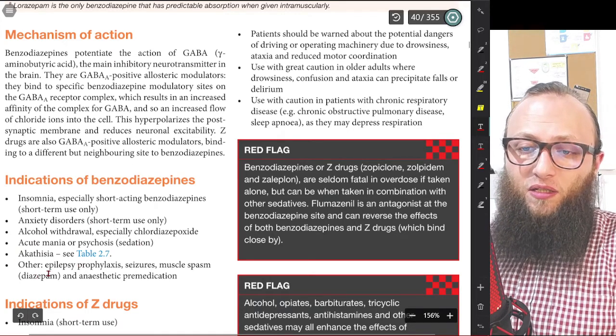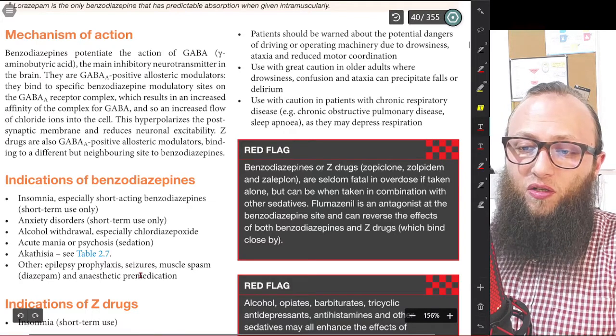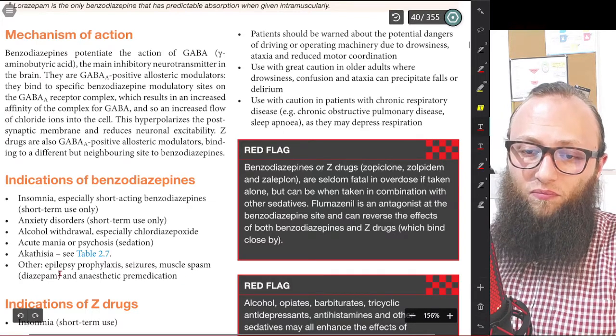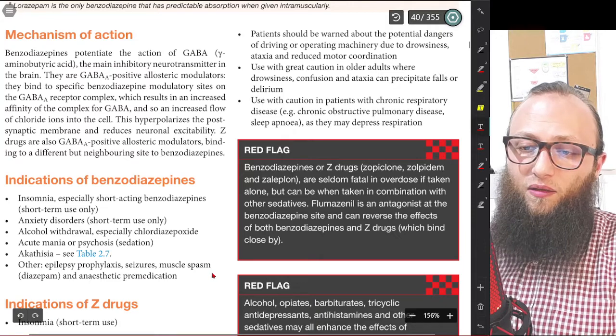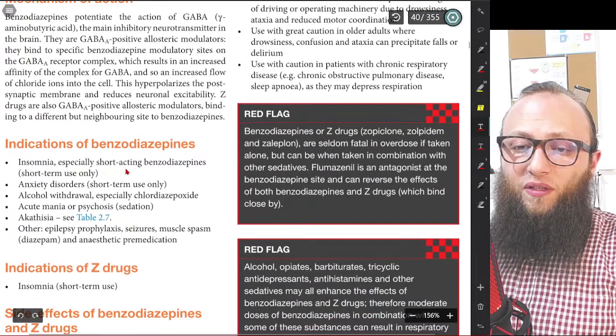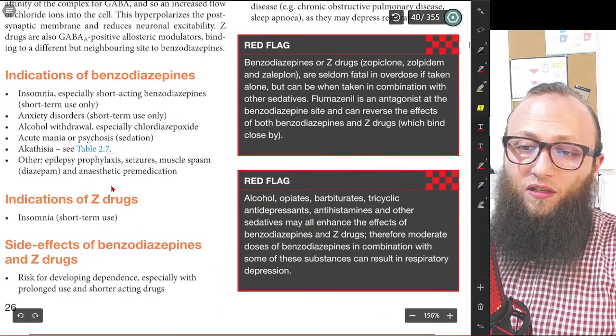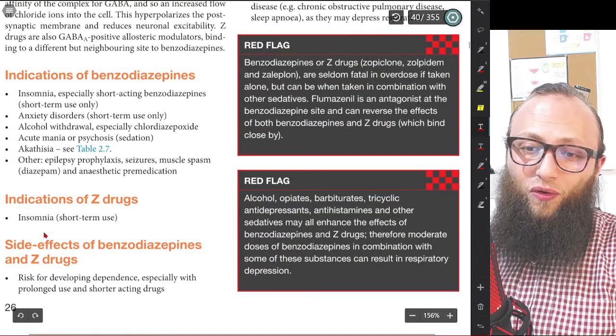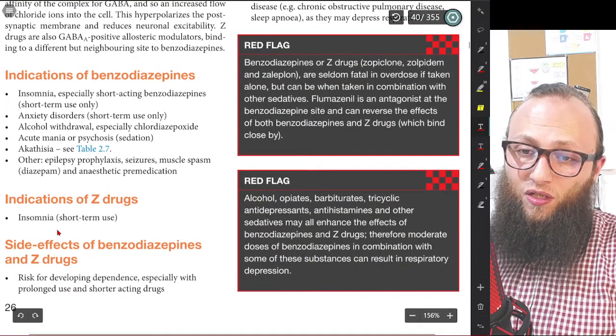Other indications are epilepsy, seizure prophylaxis, muscle spasms, and anesthetic premedication. And we have some indications for Z drugs, and actually they are used for insomnia and just for short-term use.